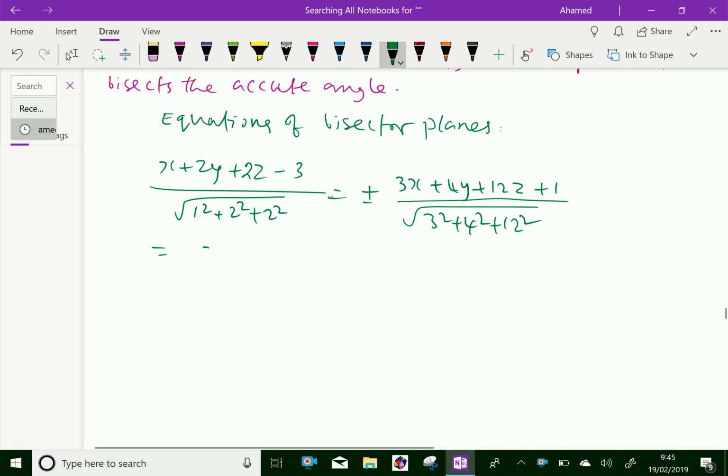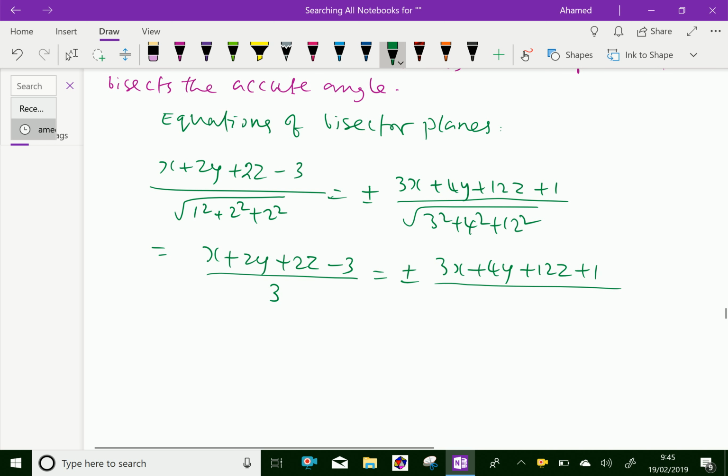Here 1 plus 4 plus 4 is 9, whose square root is 3. On the other side, 9 plus 16 is 25, 25 plus 144 is 169, and the square root of 169 is 13.